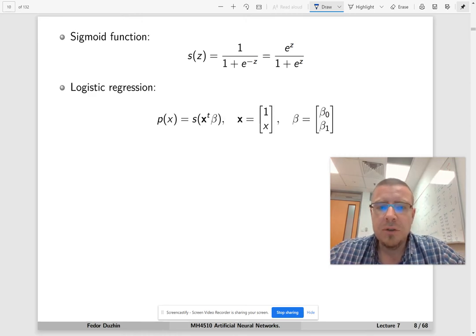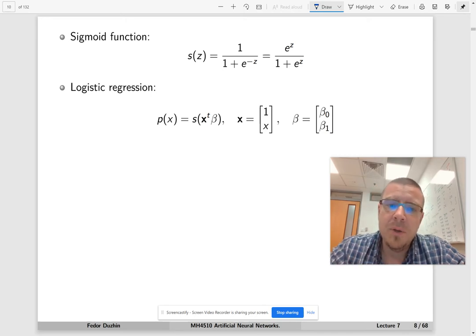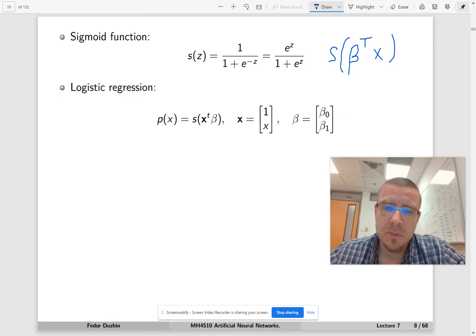And recall that in order to compute the logistic regression, what we do is we first take the matrix product of our input vector x transposed and the vector of coefficients beta. Either we can write it as x transposed beta, or we can also write it as beta transposed x. In any case, we apply the sigmoid function to the output.